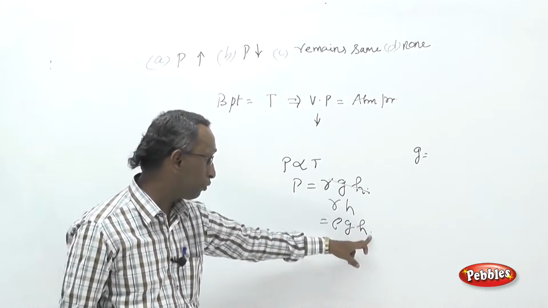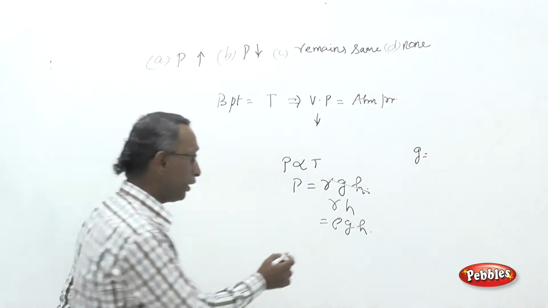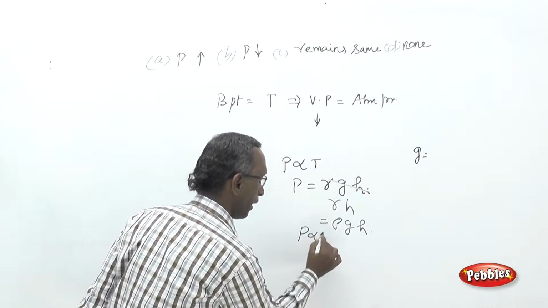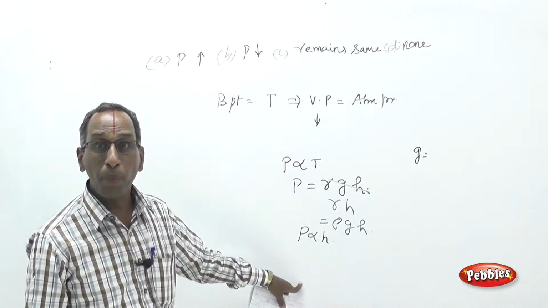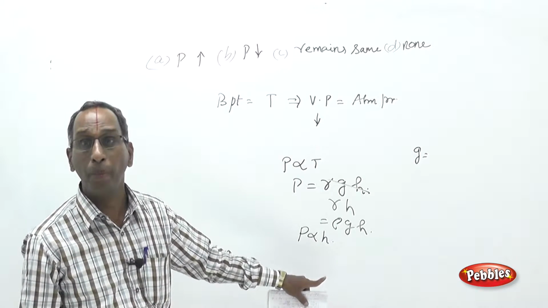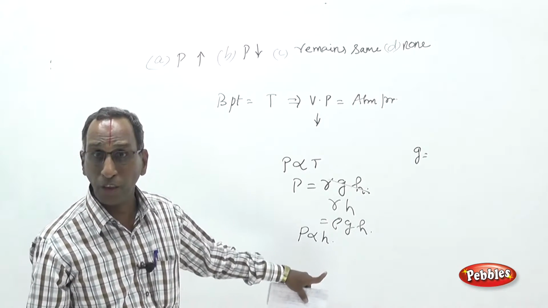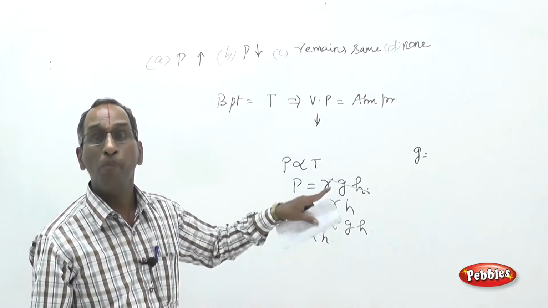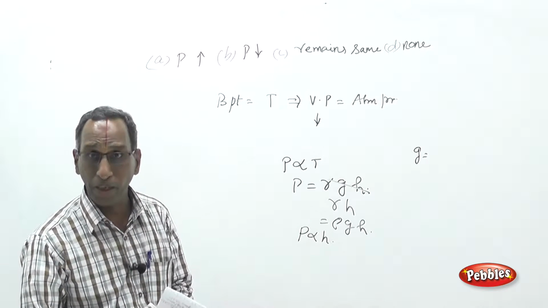P equals rho G H is one formula, or P equals gamma H. Rho and G are constants, which means that P is directly proportional to the height of the column. It has nothing to do with the altitude; it is the height of the column with which pressure is measured. We measure pressure in terms of 760 millimeters of mercury.